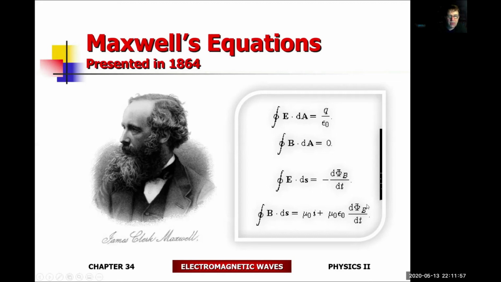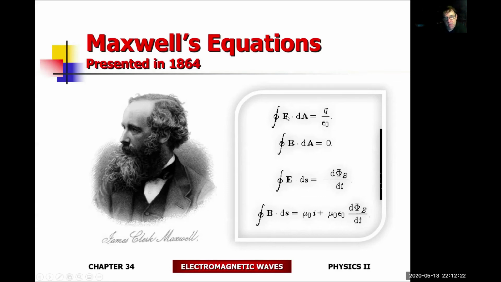Maxwell's contribution, simply stated: if you just vary the strength of the electric field in a given region, it's going to cause a circulating magnetic field. That's it. Before we go through the derivation, let me just briefly go over each and every single equation.